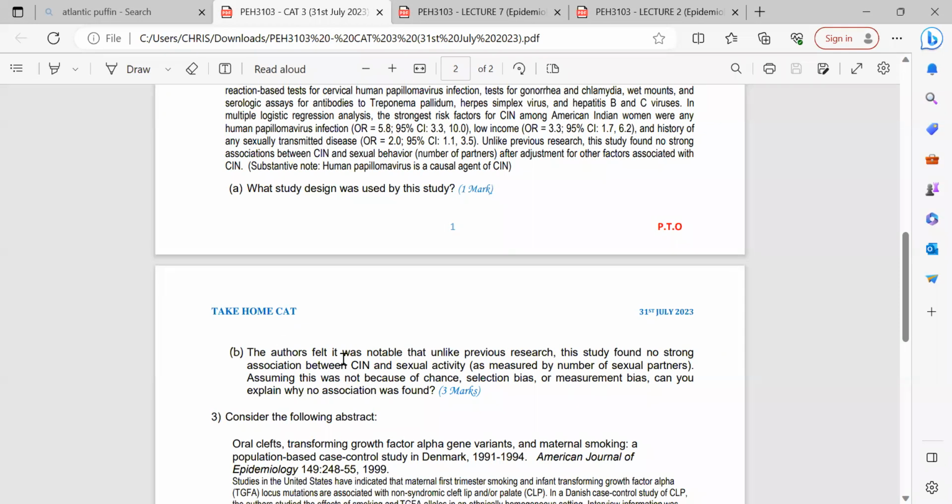The authors felt it was notable that unlike previous research, this study found no strong association between CIN and sexual activity as measured by the number of sexual partners. Assuming this was not because of chance, selection bias or measurement bias, can you explain why there was no association found? So we are trying to look for a reason.